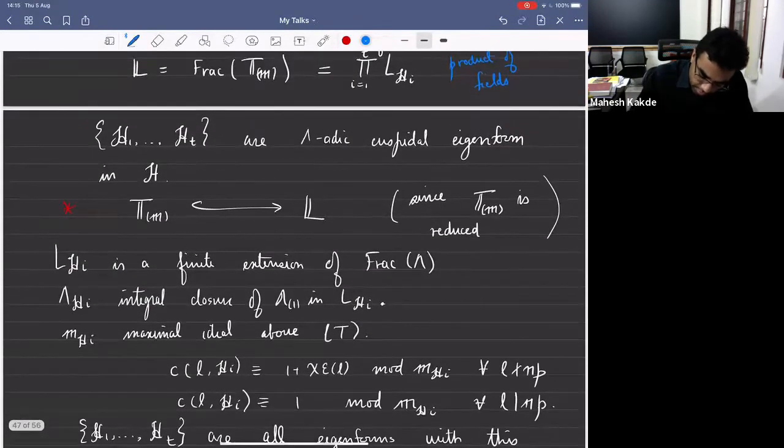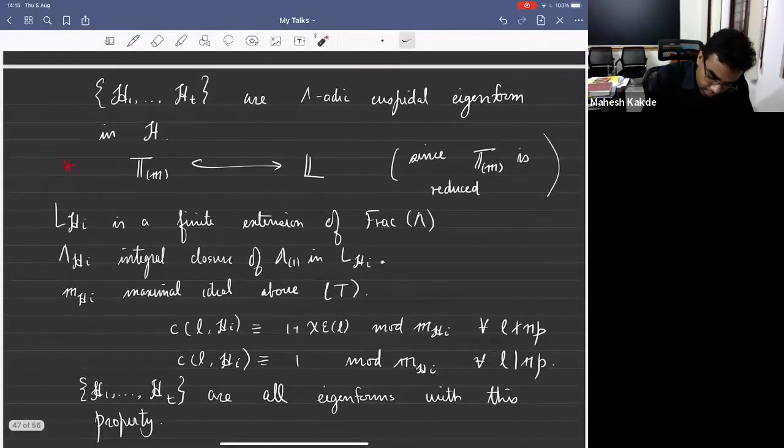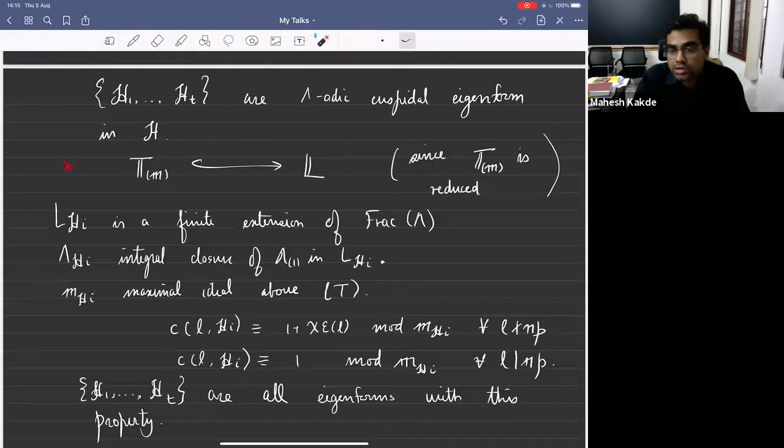But before going over this property, let me say that one important point is that the ring T_M injects into L. And the reason for this: when does a ring inject into its total ring of fractions? When it's reduced, when it has no nilpotents.